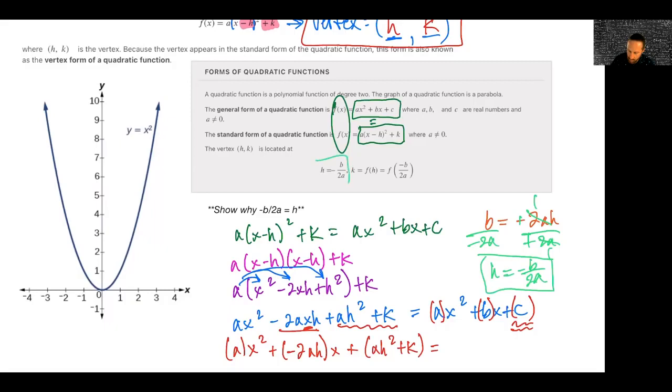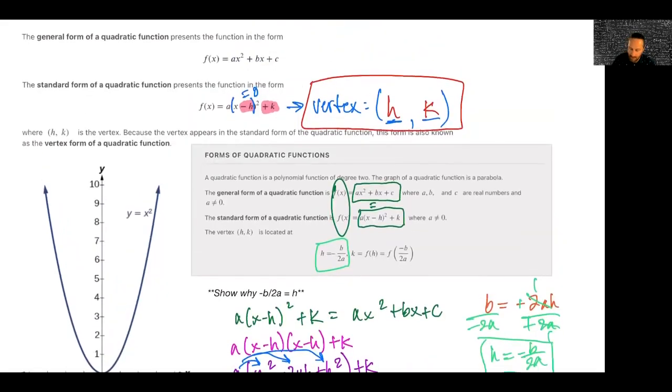And that, my friends, is why, taking that generic form, to find the x in our vertex, which in standard or vertex form we call h, we say that the x of our vertex is equal to negative b over 2a. But now you know why.